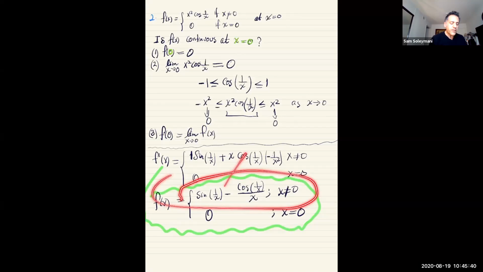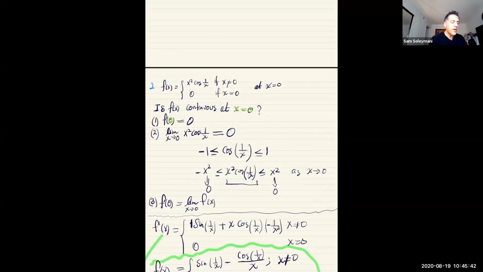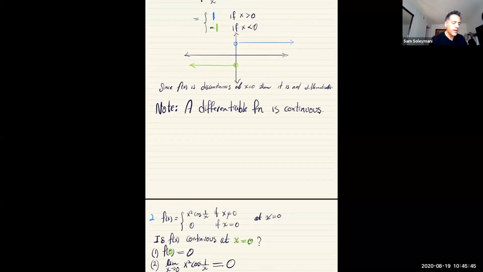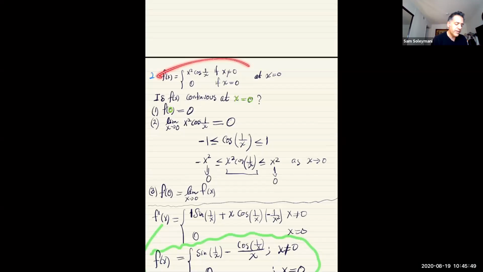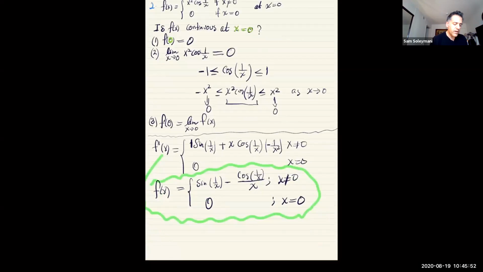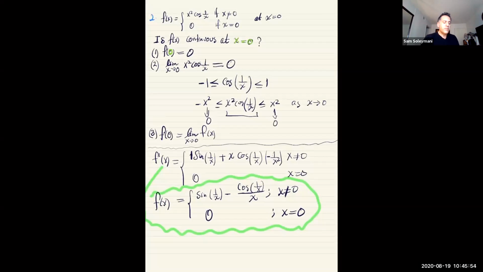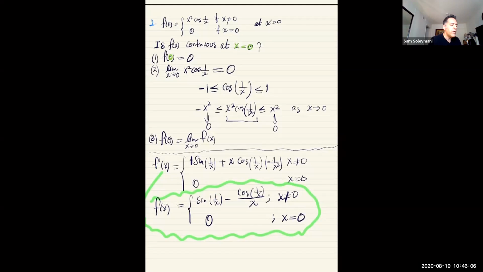We are checking for differentiability, just like the way we did for the previous problem. So that's what you guys have to do. Now, the limit of sine of 1 over x as x goes to 0, I don't think it exists. Let me look at the graph over here quickly.